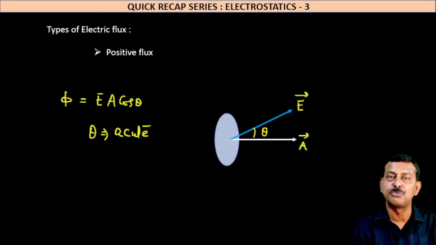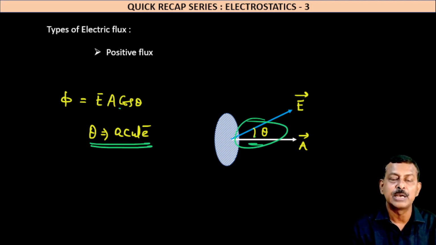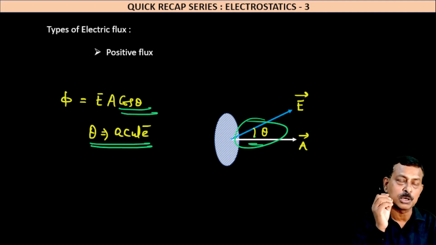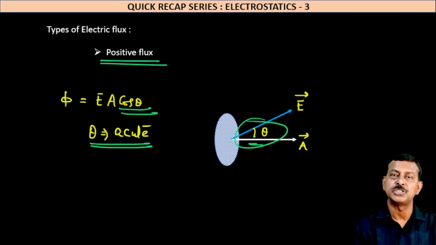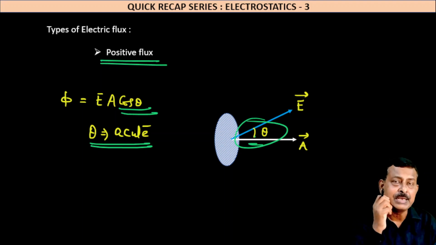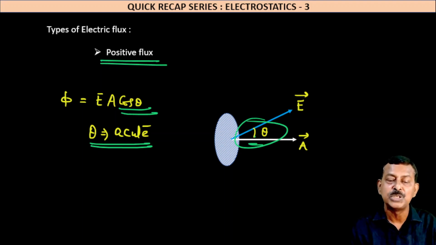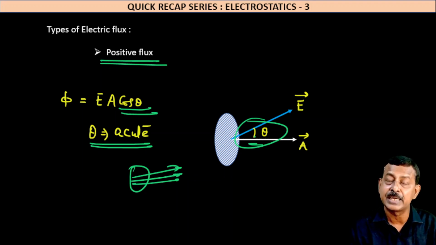Let's take positive flux. Here, if we consider that the electric field is making an acute angle with the vector area, so if theta is acute, then the cos theta term will be positive, because for an acute angle, cos theta is positive. So in that case, this electric flux will be positive. In fact, any electric lines of forces which are coming out of the surface will be taken as positive flux.